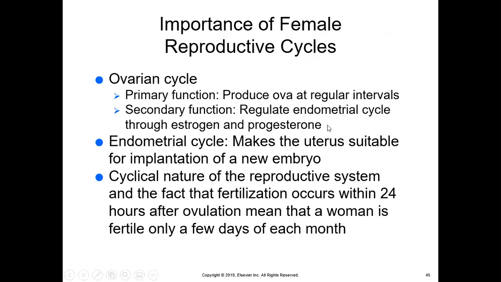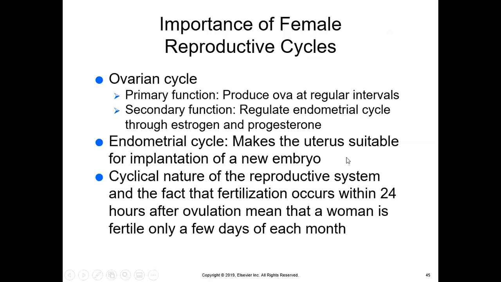So the endometrial cycle makes the uterus suitable for implantation of a new embryo. So the uterus gets ready for the implantation of a new embryo. That's the endometrial cycle. That's the menstrual cycle. That's the lining of the uterus, getting it ready for implantation of a new embryo.